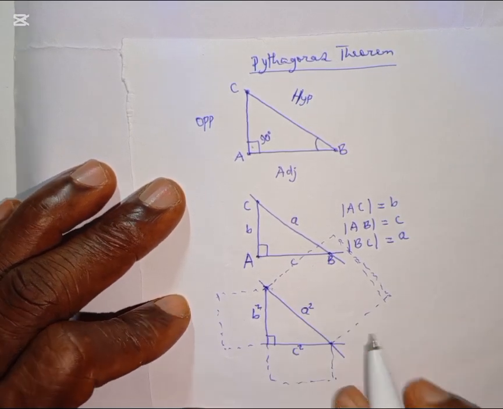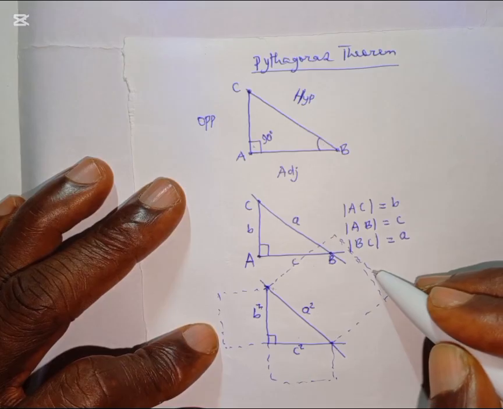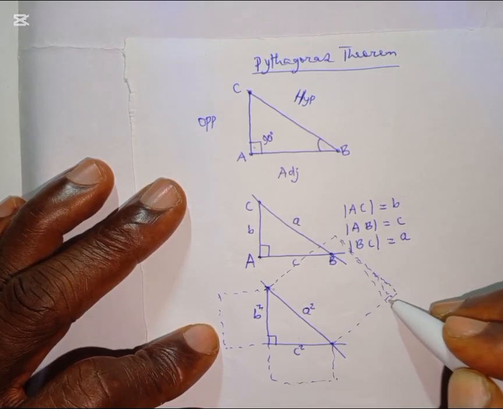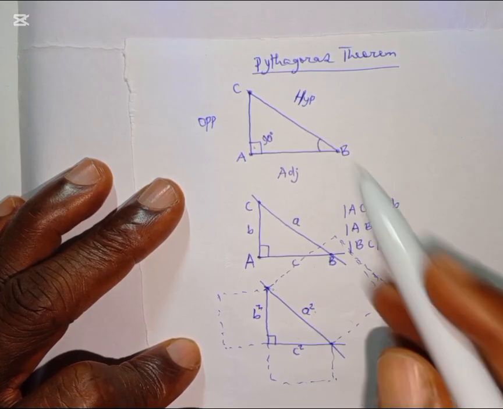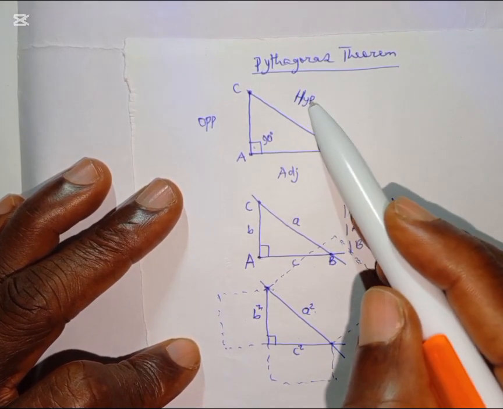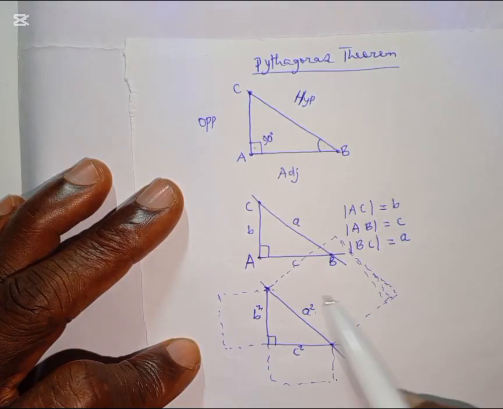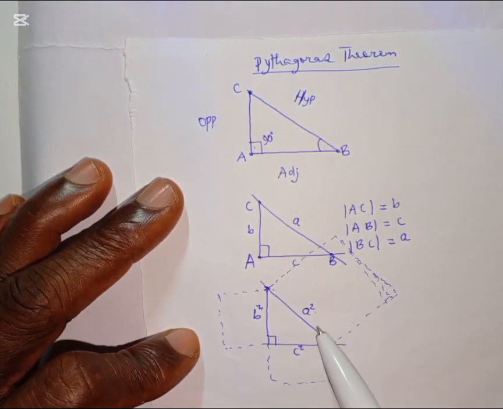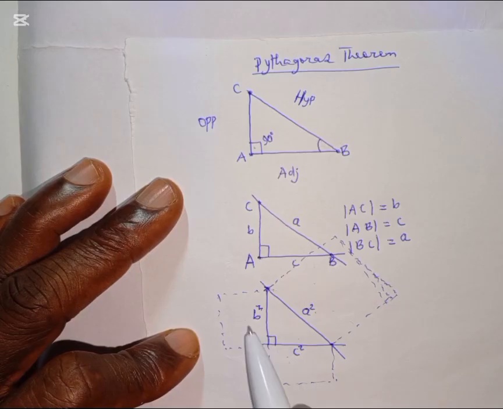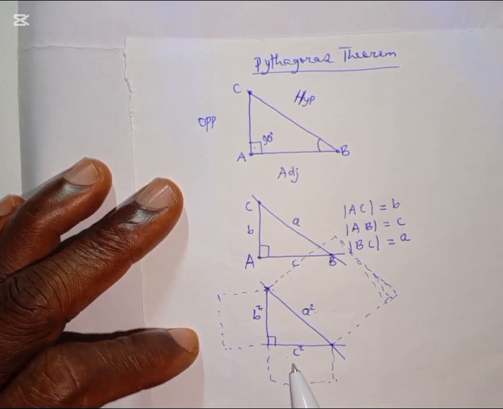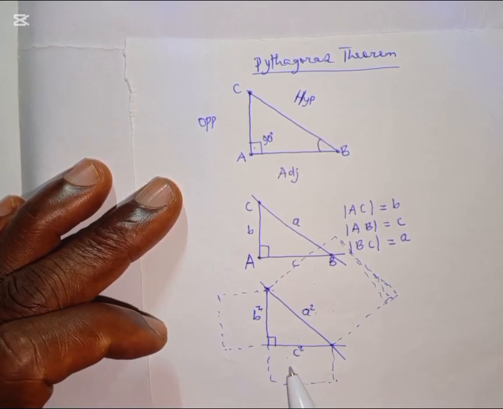So the Pythagoras theorem is saying that the square on the hypotenuse side, remember we call this one the hypotenuse side, is equal to the sum, when you add this together, of the squares on the other sides.